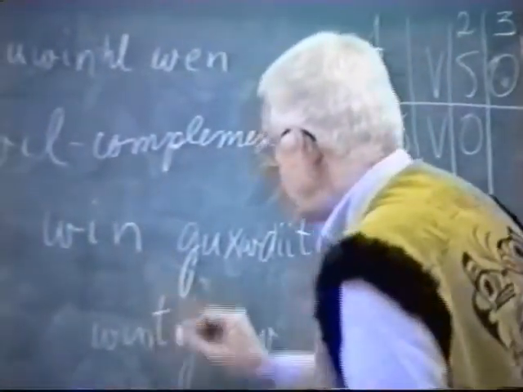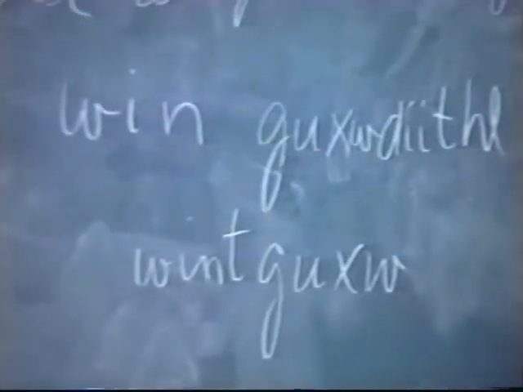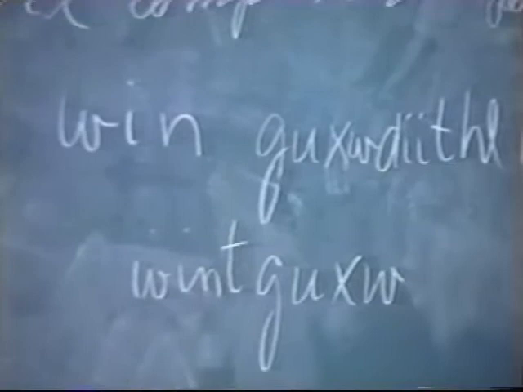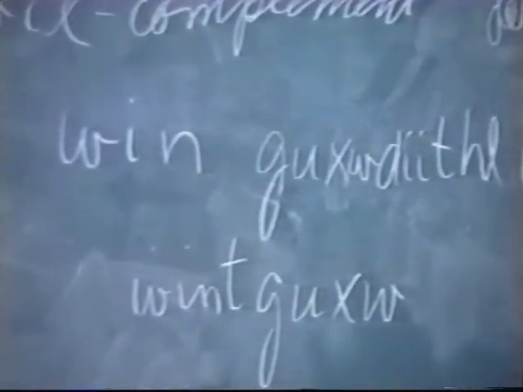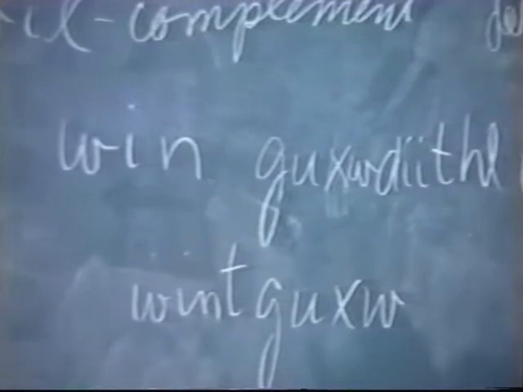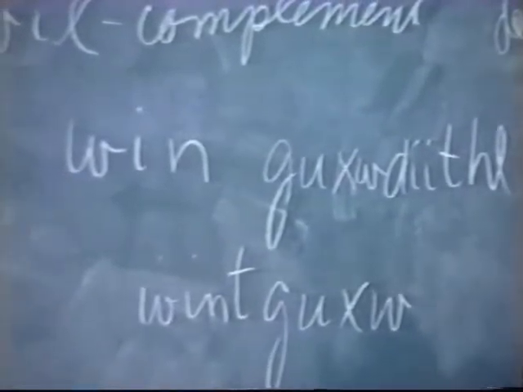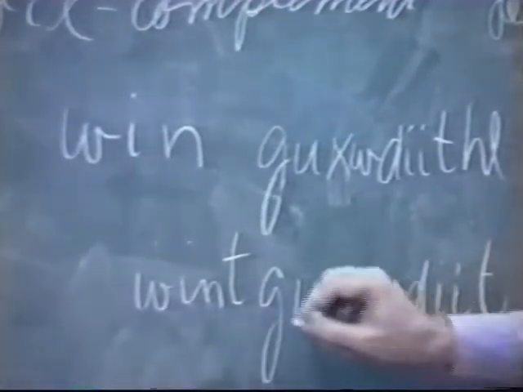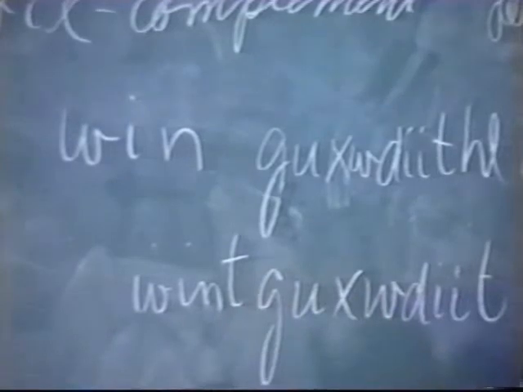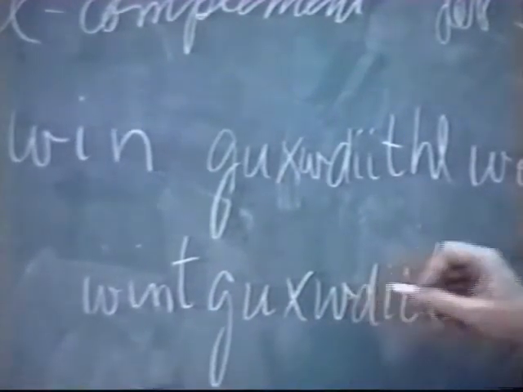You need to have the T right there, which is the third person. It doesn't tell you whether it's singular or plural by itself. If you don't put anything else in there and you have went gooch when, it means when he shot the deer. But if you want to say when they shot the deer, you have the T here, but you indicate that it's they by keeping the deet there.